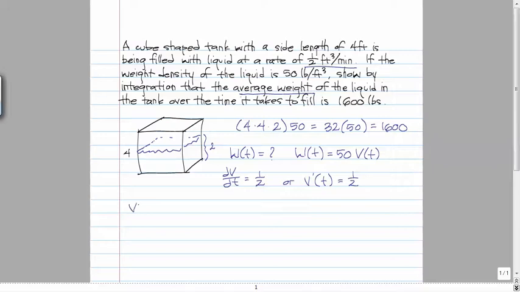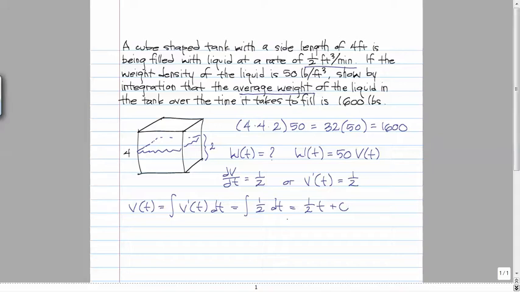So we know that V of t should be equal to the integral of V prime of t dt, which means we have the integral of 1/2 dt. And since the integral of a constant is that constant times the variable, this is equal to 1/2 t plus C.